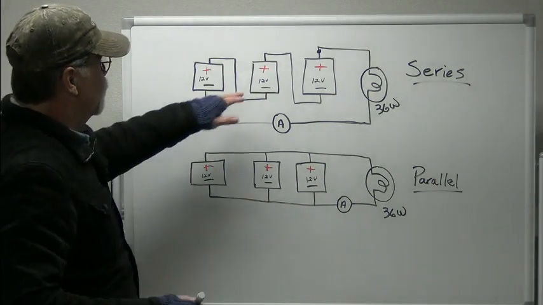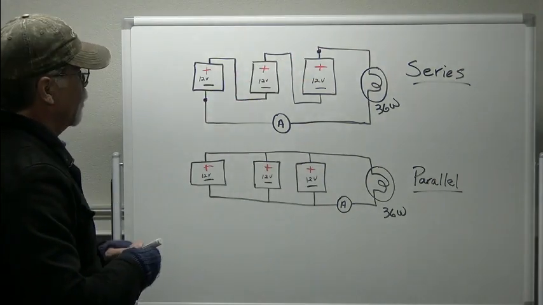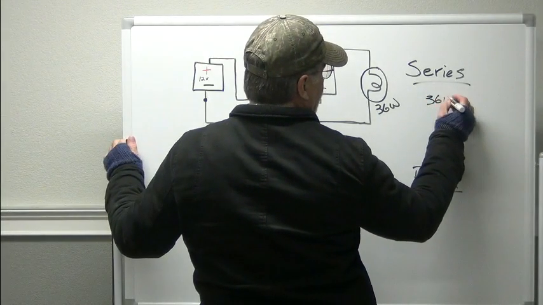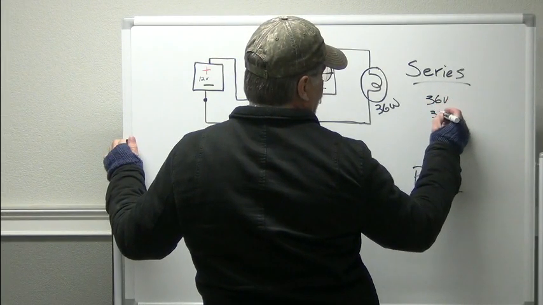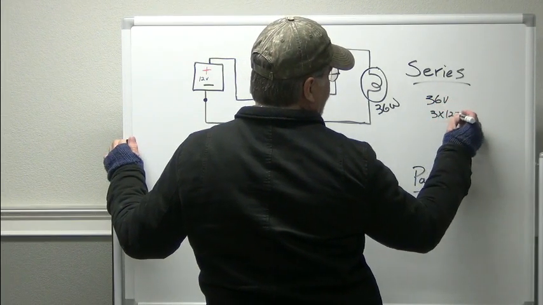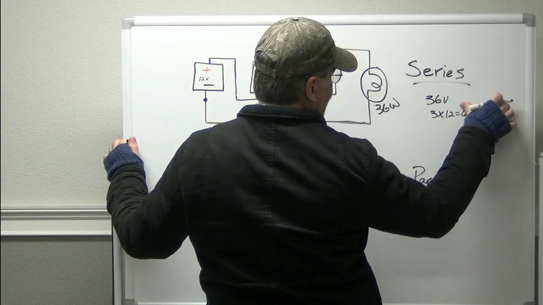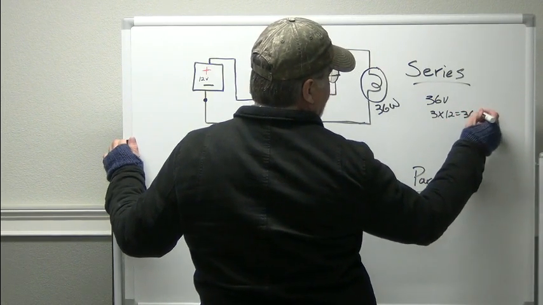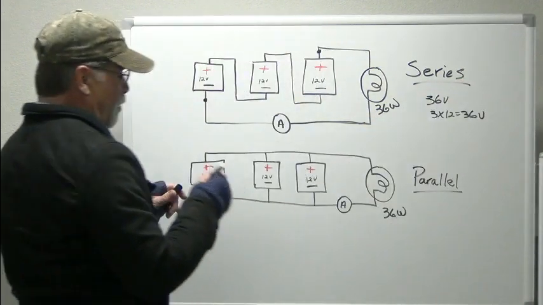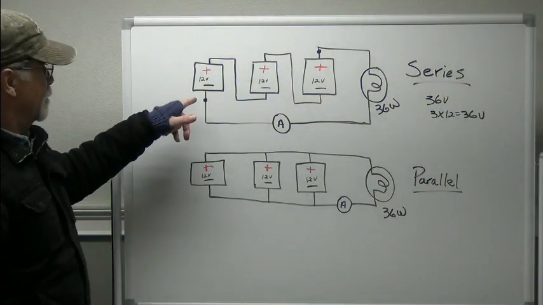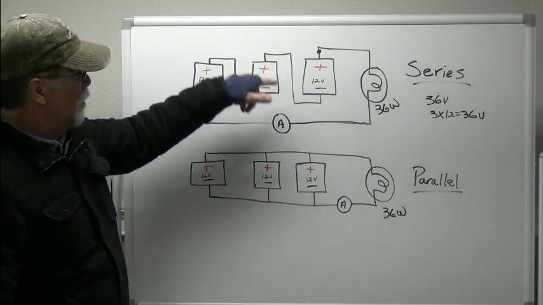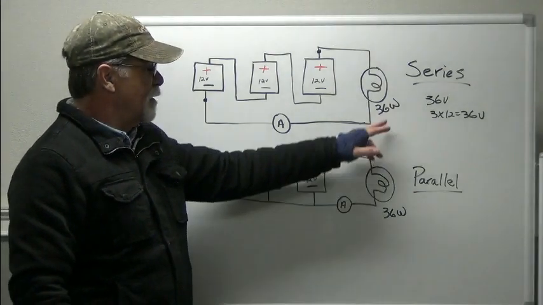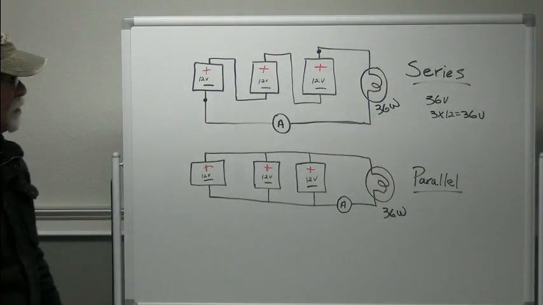Between those 2 points we're going to have 36 volts, because we have 3 batteries at 12 volts. So in series, the voltage adds because it's going through each one of these. Now we have 36 volts and we're consuming 36 watts.